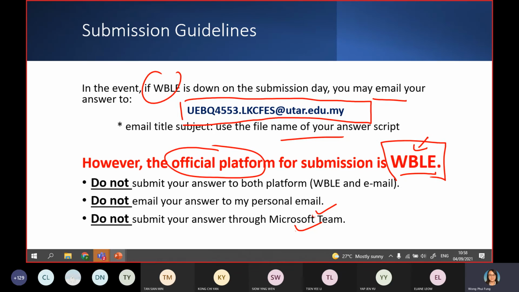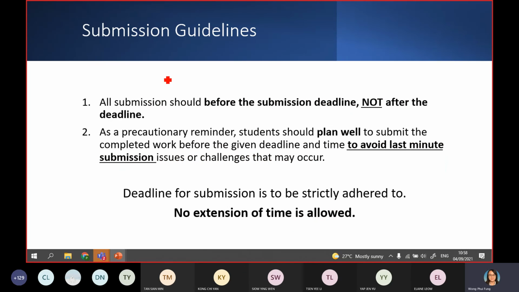If you have any problem in the submission, you can message me in Microsoft Teams, which is faster. Remember, submission should be before the deadline, not after the deadline. That's why I already said 1,000 times, you should plan your submission time to avoid the last minute, because no extension will be given.